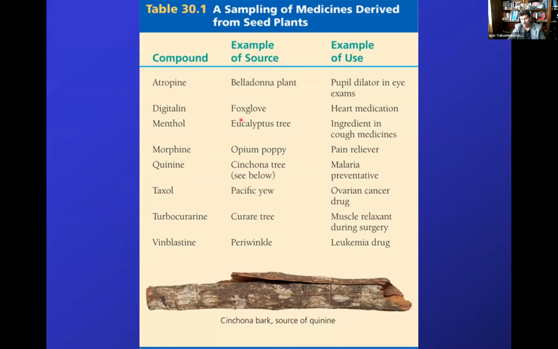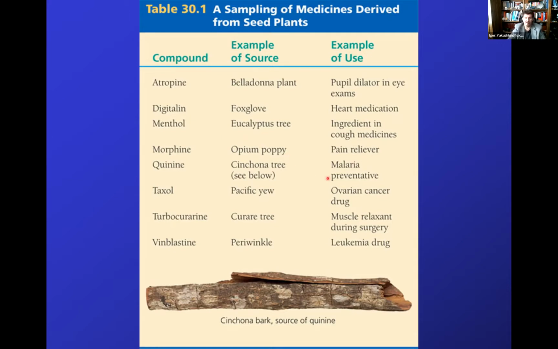Foxglove, menthol, of course, ingredients in cough medicine to relieve pain, a pain reliever. Opium poppy, right? Morphine, heroin, essentially. Yes, great pain reliever, but also extremely addictive. And you know, we have a huge problem here in the United States, pretty much worldwide, with opium or opiate abuse. You get used to that and you want more.